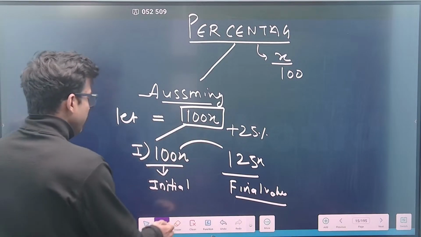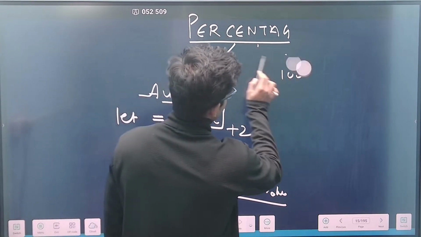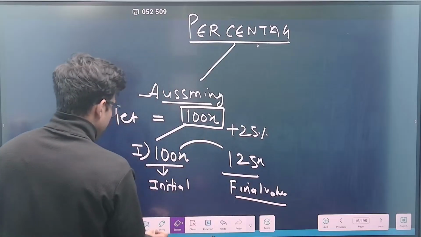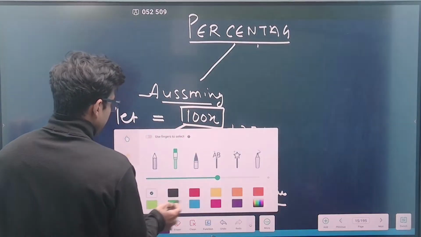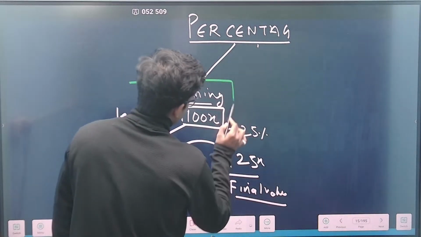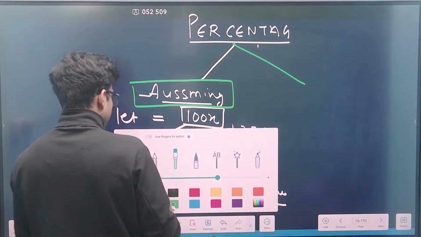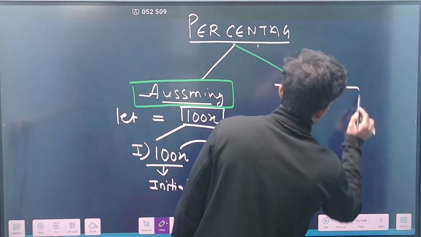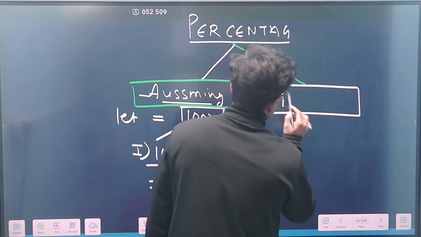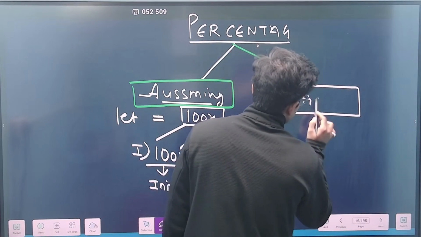Now there is another method also, which is called the ratio method. This is a method of assuming. The second method comes into the picture when you say, let's apply the ratio. Now what is the ratio basically?